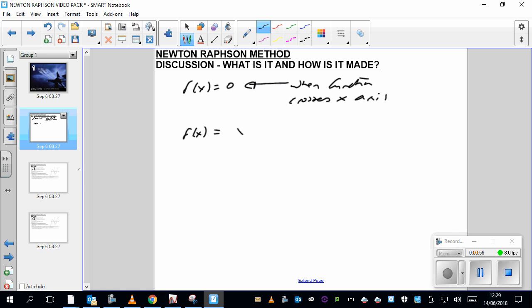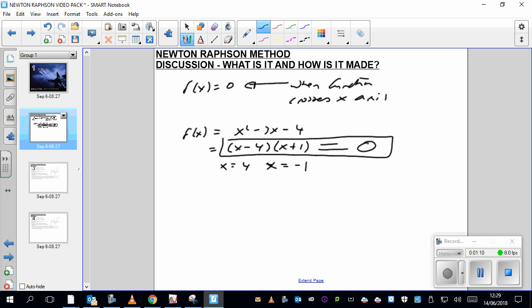So when f of x equals x squared take 3x take 4, for instance, you can factorize that or use your calculator, and you'll know that x is 4 and x equals -1 only when this thing equals 0. If I don't write equals 0, it doesn't make any sense that these things are the roots, because this isn't actually an equation. I'm solving when it crosses the x-axis, okay?